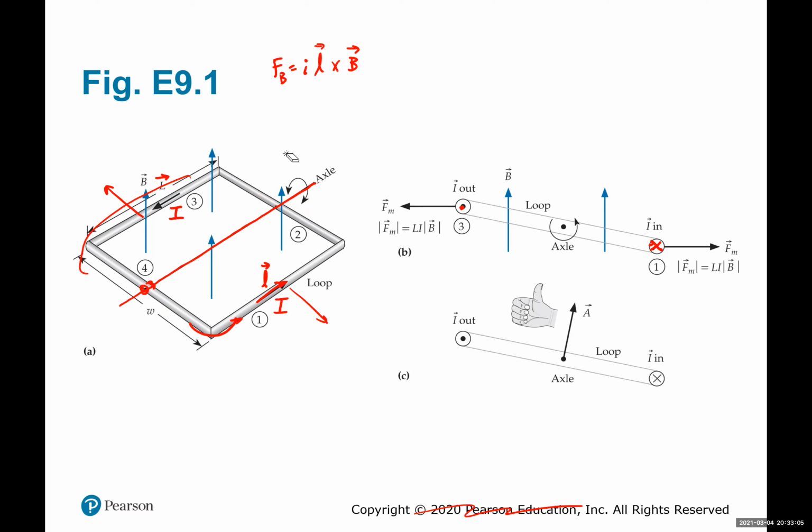The forces, well, plus they would cancel anyway. The forces on legs 1 and 3 also cancel, except if we have this loop at some angle, which should start to sound familiar, there is a net torque about the axle.